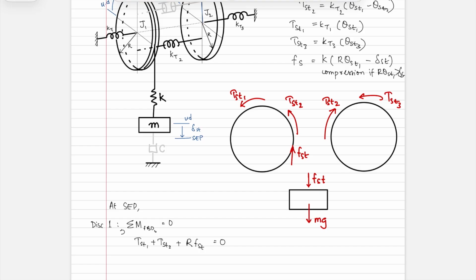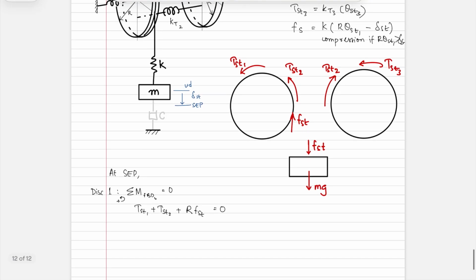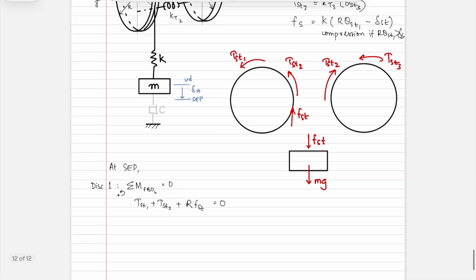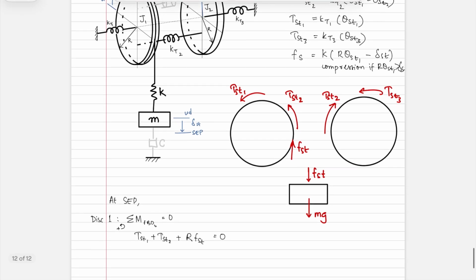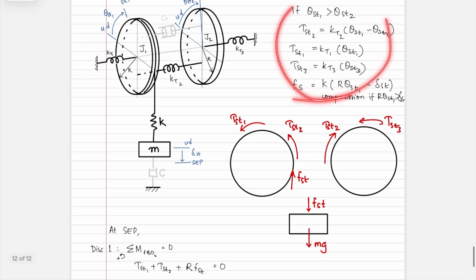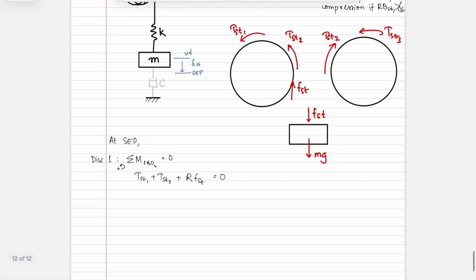That means I've basically chosen this as my positive direction. If you were to now substitute the magnitudes that we defined over here, you will then obtain kt1 theta st1, kt2 times theta st1 minus theta st2, minus k delta st minus r theta st1, times r is equal to 0.